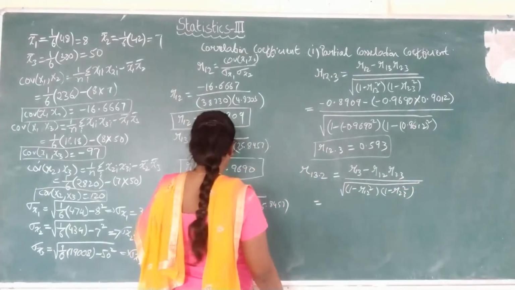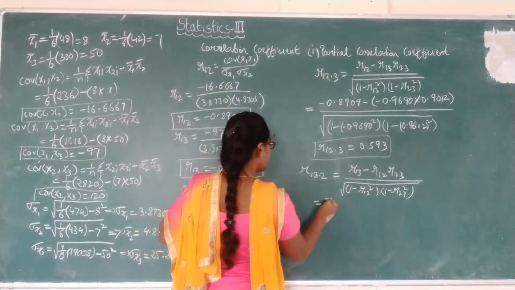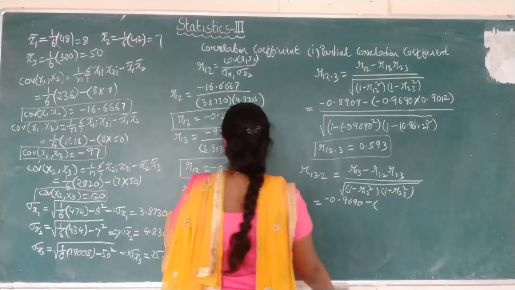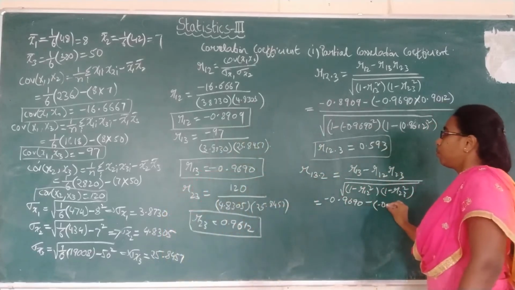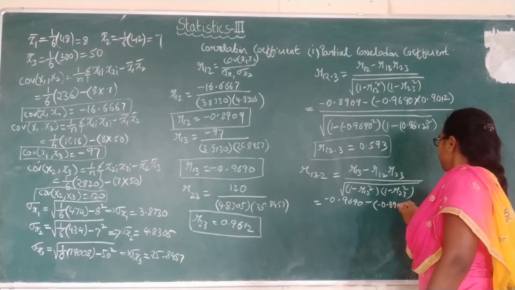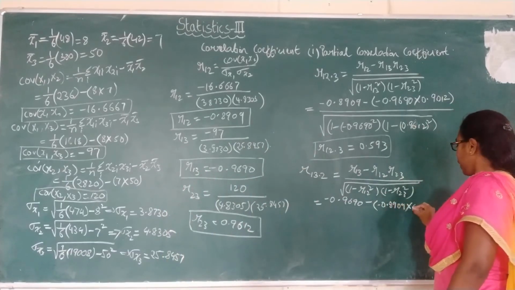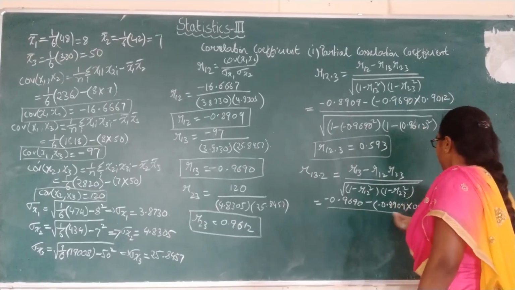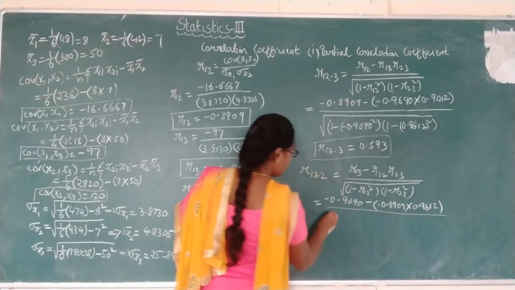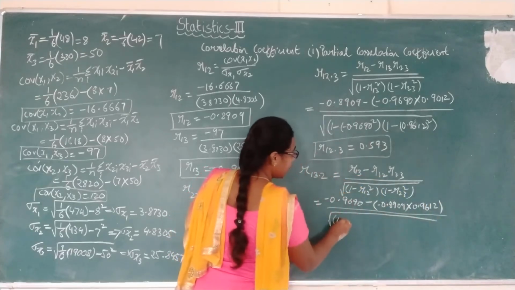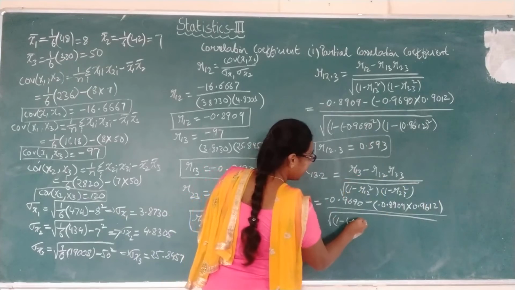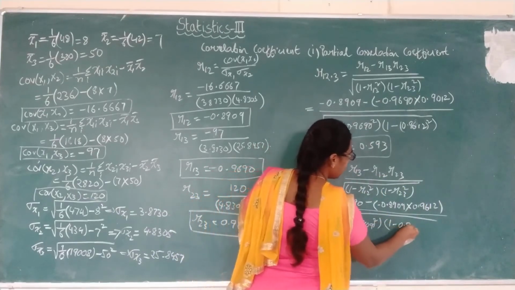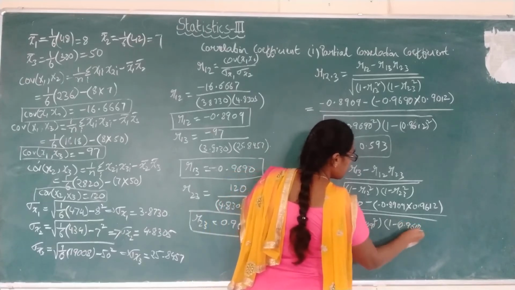R13 is minus 0.9690 minus R12 is minus 0.8909 into R23 is 0.9612 divided by square root of 1 minus 0.8909 square into 1 minus 0.9612 square.